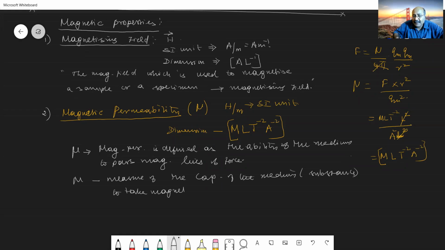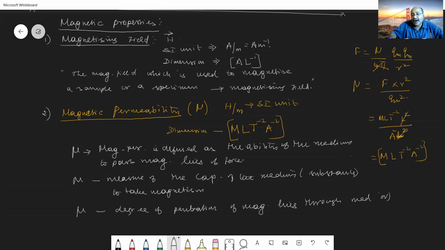How much magnetic lines pass through will give you the amount of magnetism. Or we can say the degree of penetration of magnetic lines through the substance or through the medium, or through the specimen. All are taken to be the same definition, called permeability.